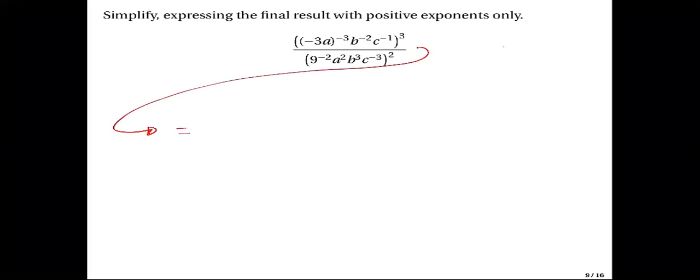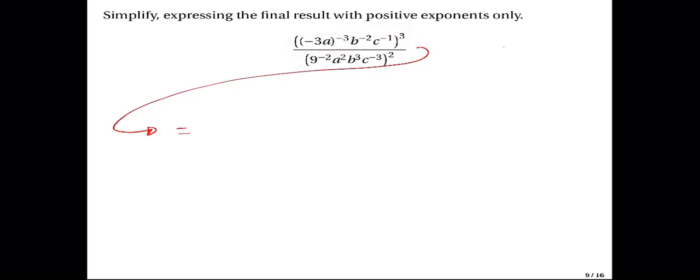So from here, we have this guy. We also have this expression here being cubed, also this expression here being cubed. So let us first distribute the exponent here and here over their respective groupings.